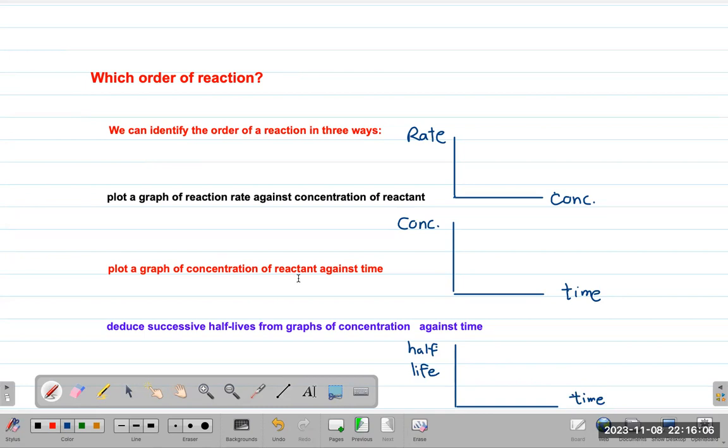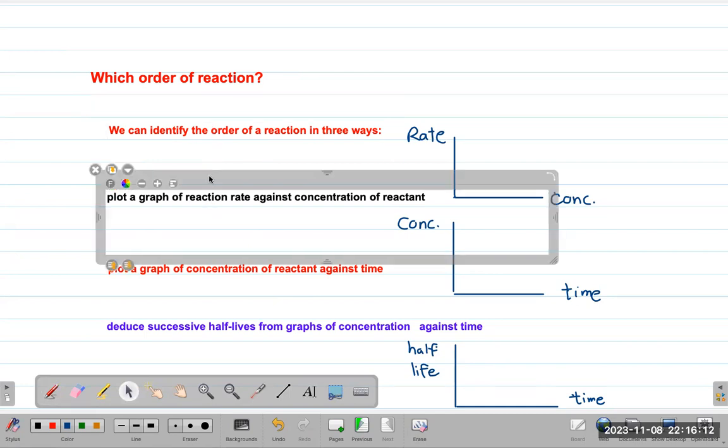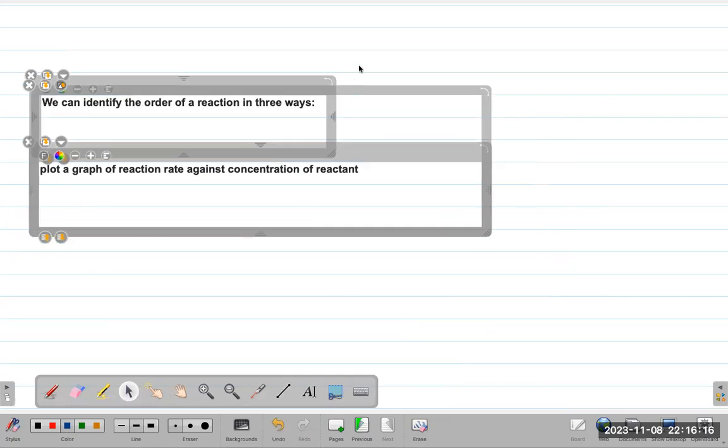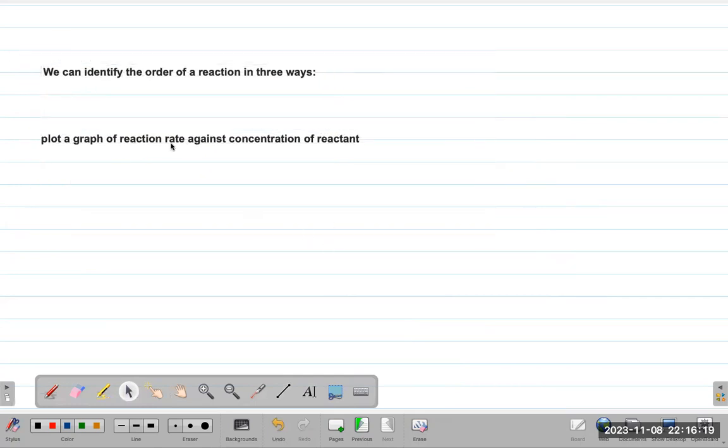First, the graph of the reaction rate against the concentration. We define the order of the reaction by finding the rate of the reaction against the concentration of the reactant.